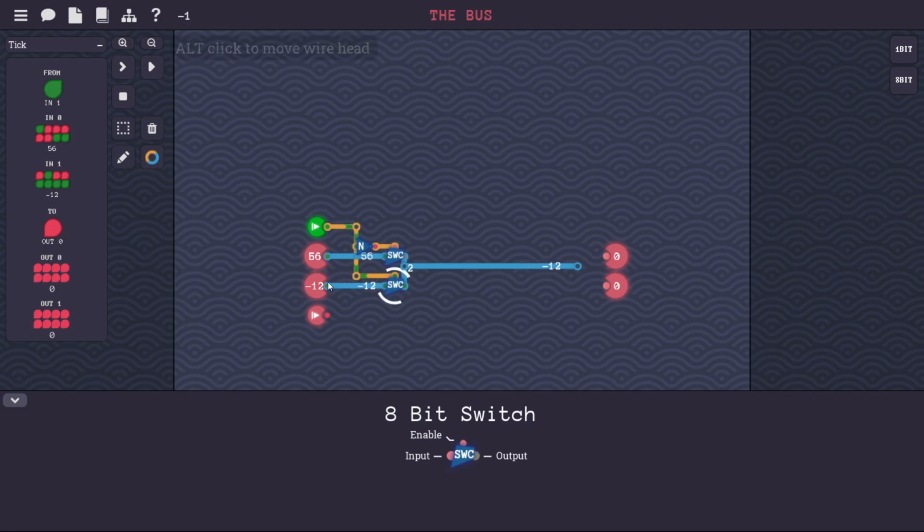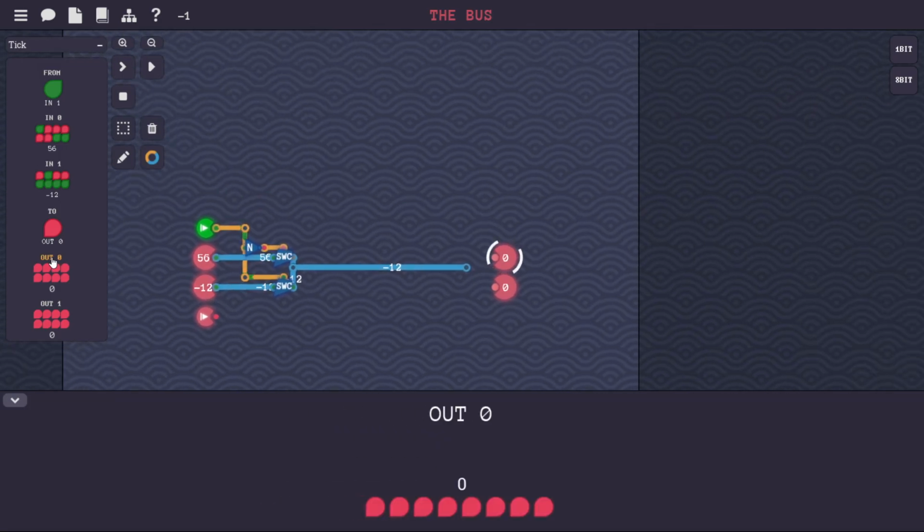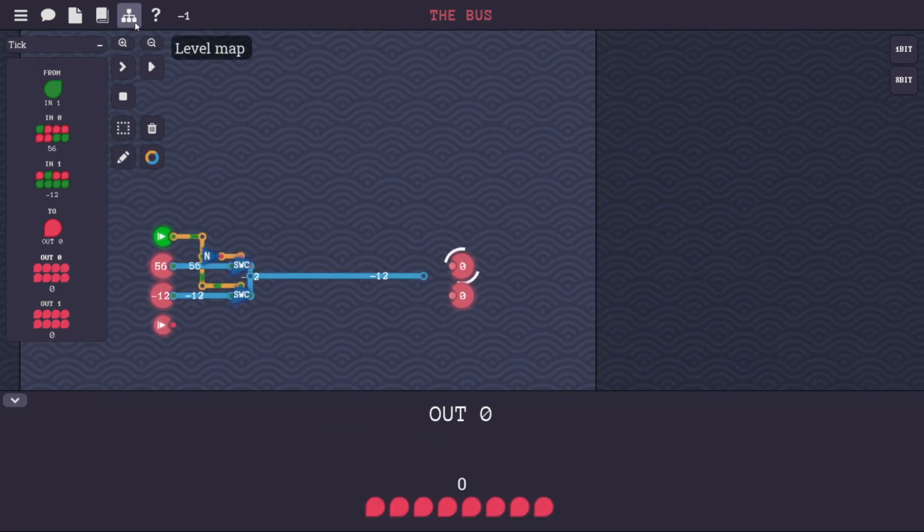Now we have a bit of control, and we are told that this does the same but for the outputs, right? So if right now it goes to output 0, which I believe is the first one, this one, right?